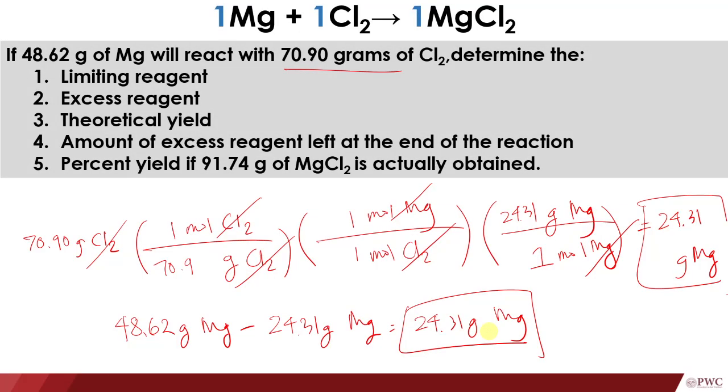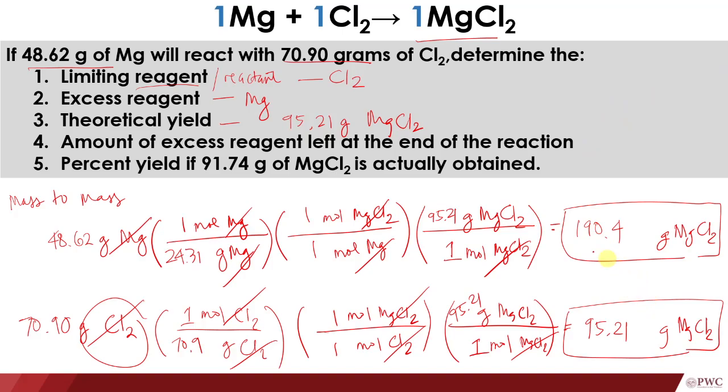Next, let's determine the percent yield if 91.74 grams of MgCl2 is actually obtained. So again, we are expecting to have 95.21 grams of MgCl2, but there are different factors that can really affect our reaction. So our actual value can be smaller than this one.